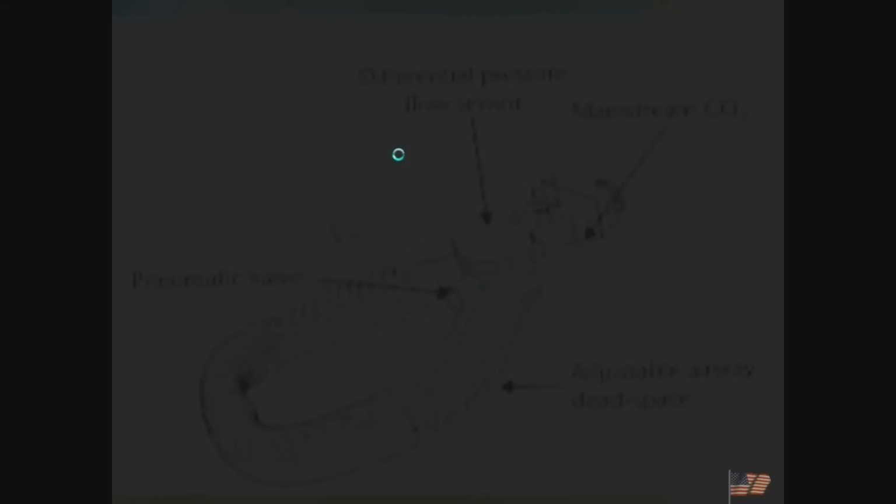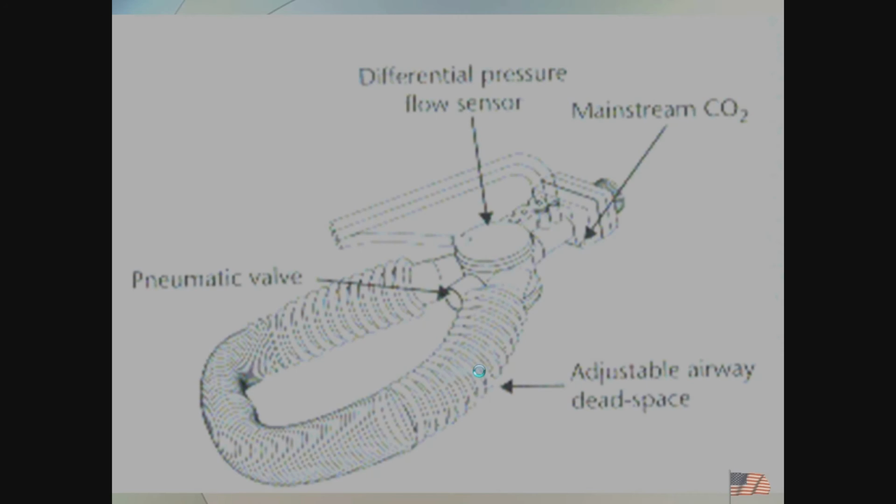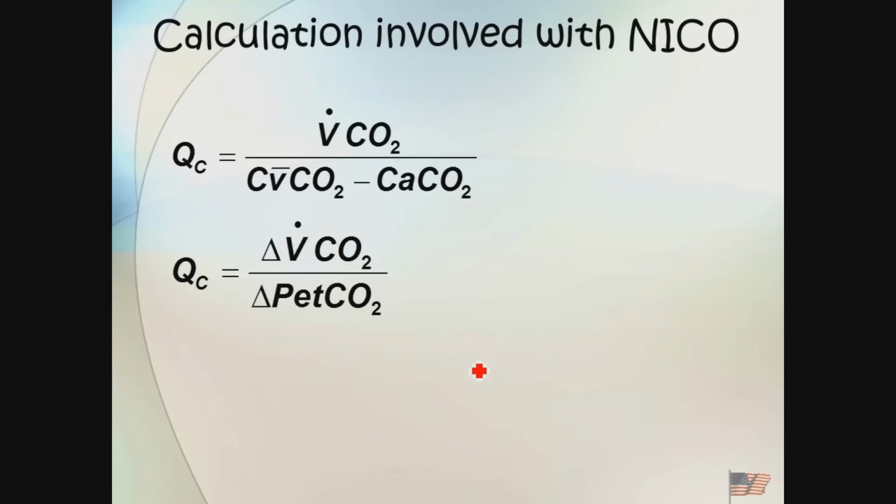And that's what this process does, is you have this little system set up where I adjust dead space and create some hyperventilation in the process. And in essence, if I look at the change in the CO2 that's eliminated and the change in the end-tidal value, trust me on the equations here, it'll actually give us a cardiac output.